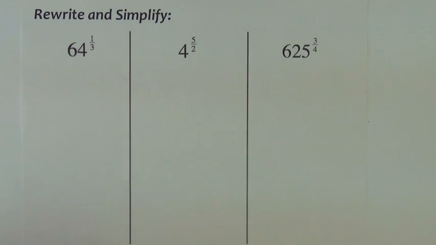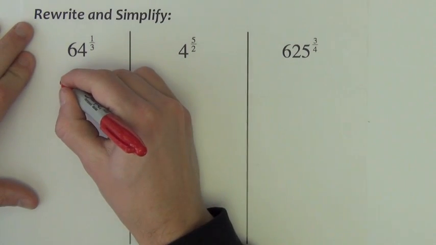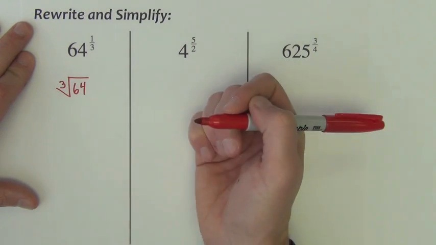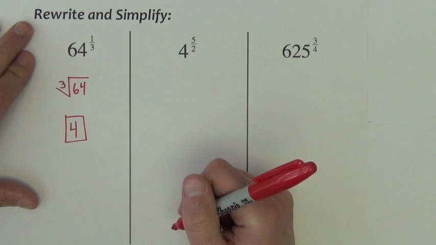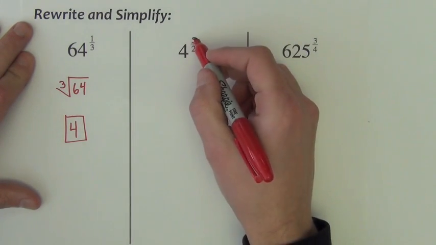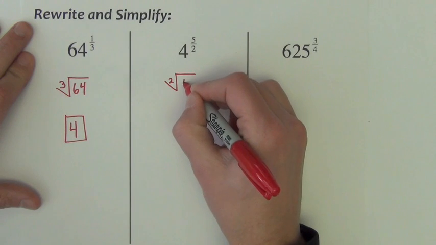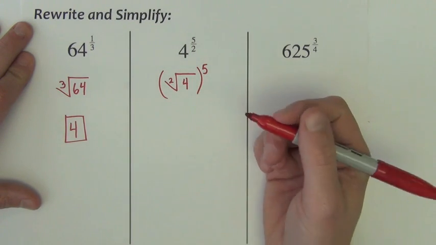So now just some practice of the two examples we just saw on the last slide. 64 to the 1/3 power can be rewritten as the cube root of 64. That's a perfect cube. It's just 4. 4 to the 5/2 is the square root of 4 to the 5th power.